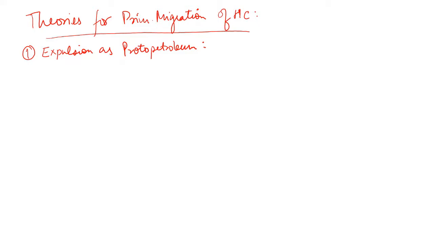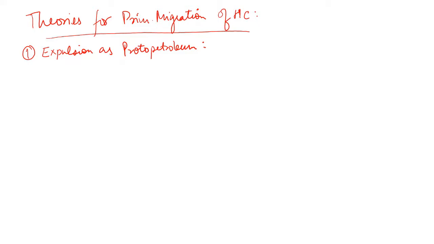So the proto-petroleum theory suggests that the migration of hydrocarbons occurs when the hydrocarbons are in the form of ketones, acids, esters, which are soluble in water.